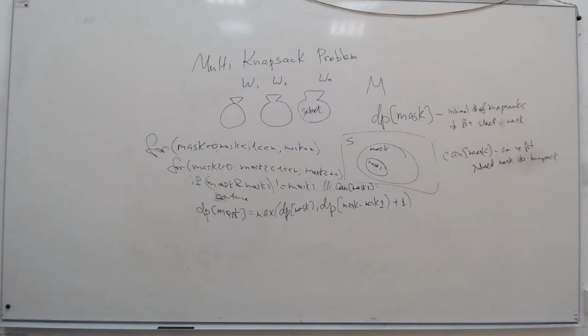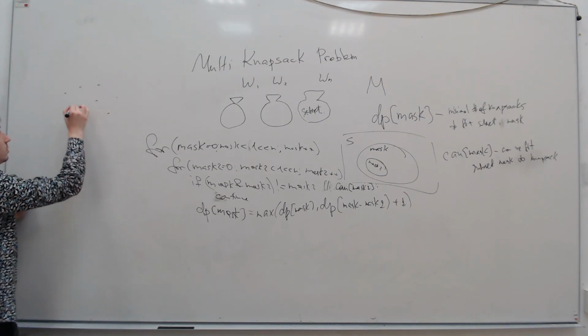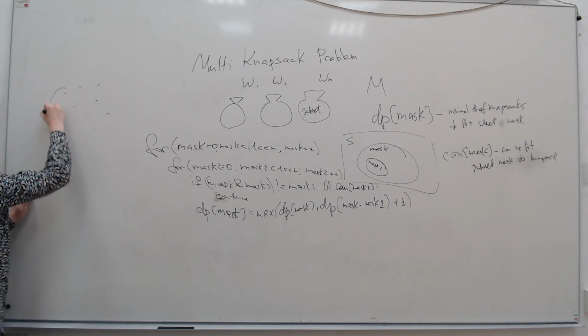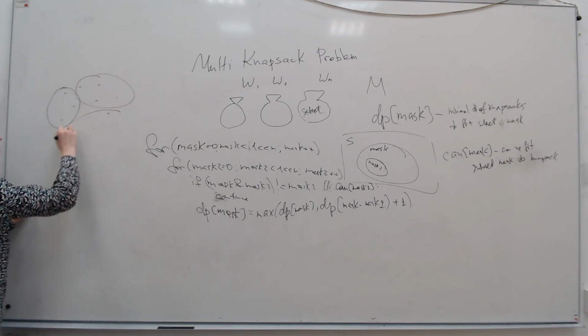What about the plus 1? So you iterate over all the subsets of mask, and you check whether these elements can be in the last knapsack. We had some number of elements, and we can split them into the knapsacks 1, 2, 3.